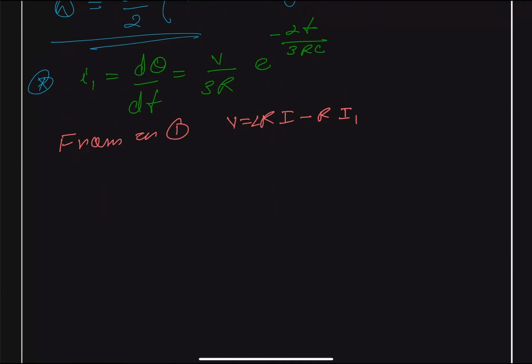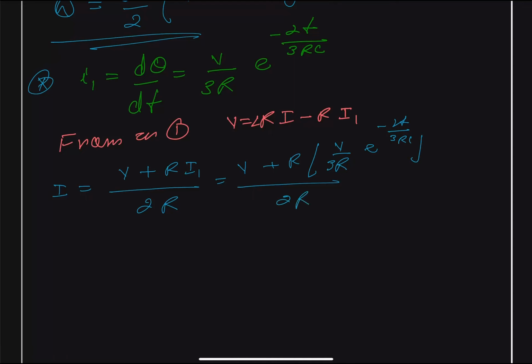And from here we can write that our current I will be equal to V plus R times I1 divided by 2R. We can substitute the value of our I1. So this gives us V plus R, and our I1 is V upon 3R times e raised to the power minus 2t upon 3RC, divided by 2R.